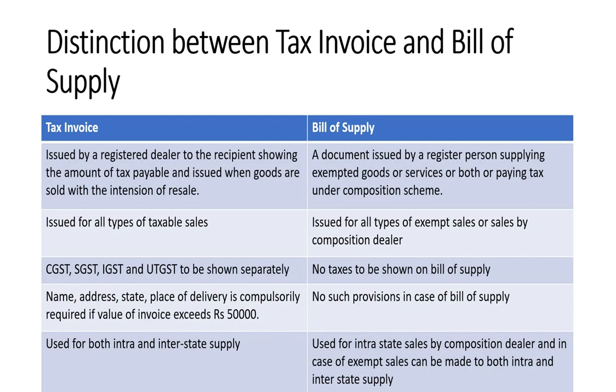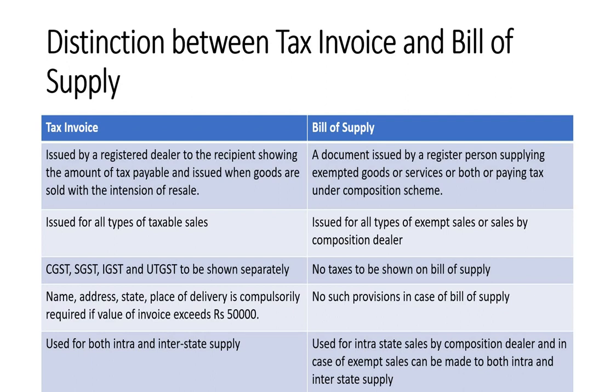So whenever you purchase any goods and the invoice is raised, you can clearly ascertain at what rate the goods are subjected to tax, whether at 5%, 12%, or 24%, etc. Like this it will be mentioned. But in case of the bill of supply, no taxes are shown.